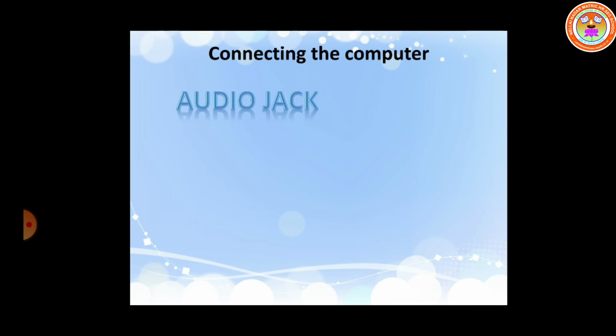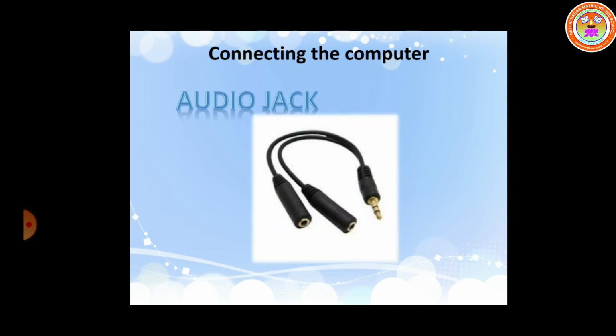Next cable is the audio jack. What is this audio jack? The audio jack is used to connect the speakers to the computer. It is a cord which helps to connect the speakers to the computer.